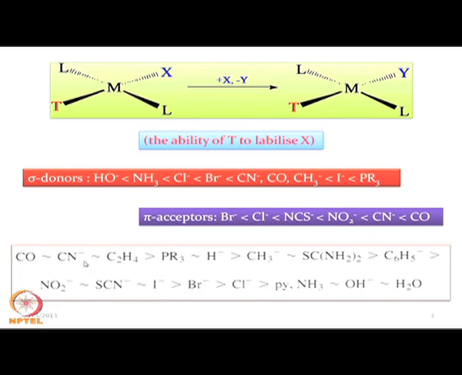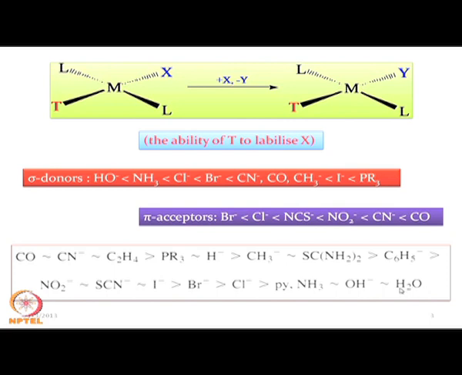And interestingly, now we can have that this labilizing effect of Cl minus is higher than NH3 when we talk about the synthesis and reactivity of the cisplatin molecule. Similarly, when we talk about the substitution by the water molecule, we see that these two, Cl minus and ammonia, which is very similar to the pyridine molecule, both of them have higher trans labilizing effect compared to the water molecule.